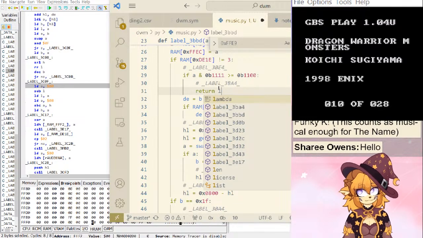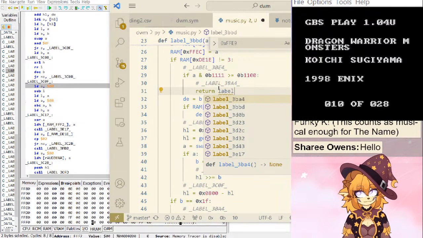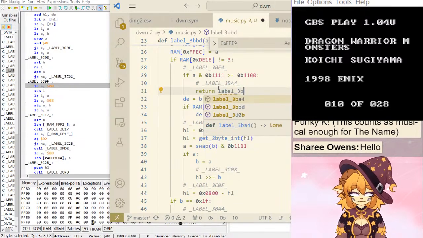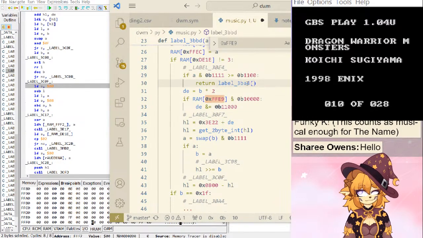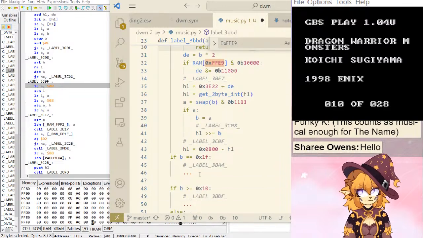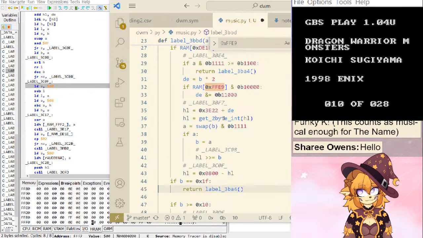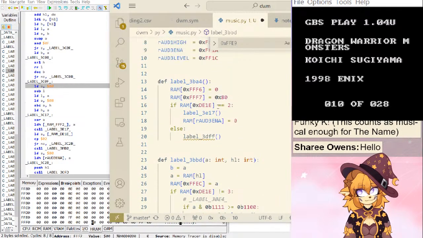I'm just gonna do this. 3BA4, and that'll be. Apparently, I've already defined that one, anyways. Must have been what I did earlier. Yep.